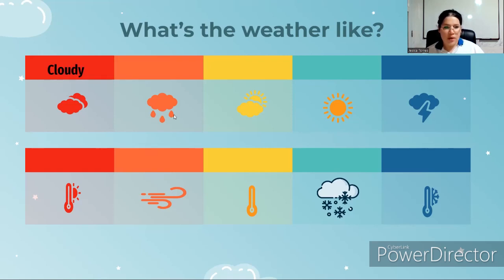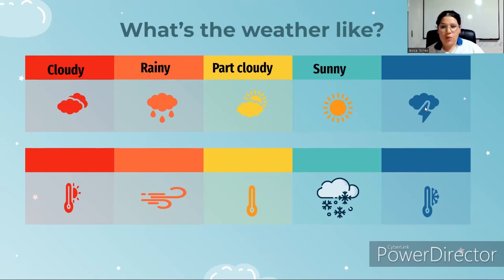What about this one? It's rain here. You can see rain. So it's rainy, rainy. Good. Here we have a cloud and the sun. So it is partly cloudy, partly cloudy. Good. And we can see the sun here, so it's sunny, sunny.